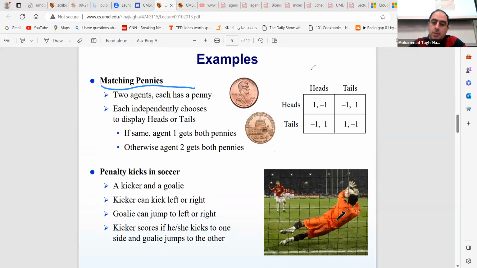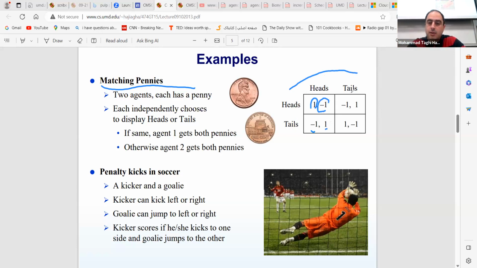So you can represent the normal form matrix like this. This is heads and tails, and heads and tails. The first player, if both of them are heads, the first person wins. Why does he win one? Because he already had 1 penny and gets 1 more penny. The other guy loses 1 penny, so it would be minus 1. If it is tails versus heads, then this guy loses his or her penny, and the other person gets 1.